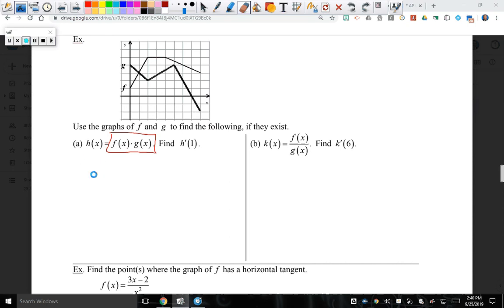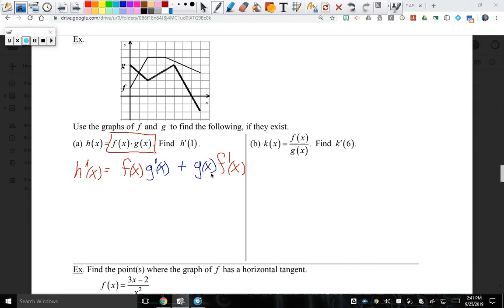Using the product rule, h prime of x will equal what? f of x times g prime of x plus f prime of x times g of x, right?